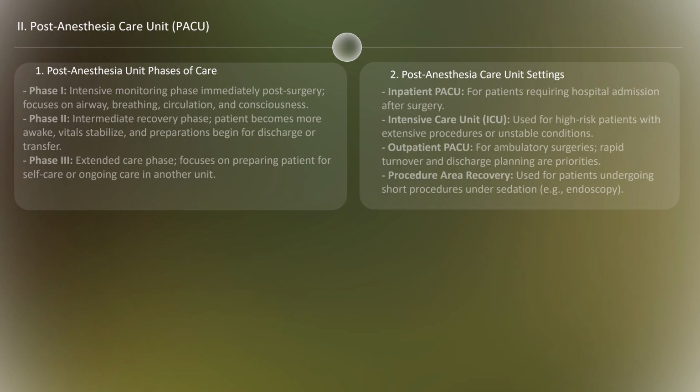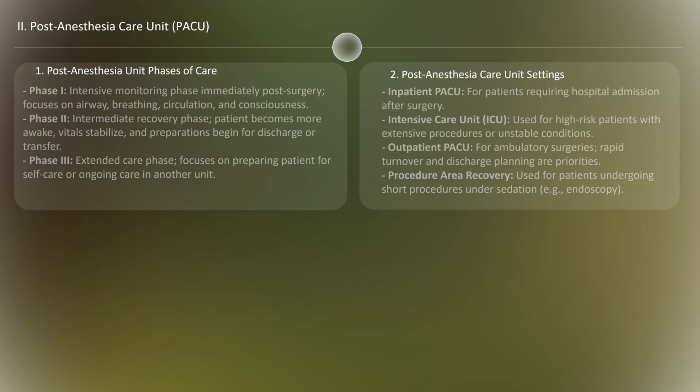Two, post-anesthesia care unit, PACU. We have the post-anesthesia unit phases of care. Phase 1, intensive monitoring phase, immediately post-surgery, focuses on airway, breathing, circulation, and consciousness. So ABC and consciousness.